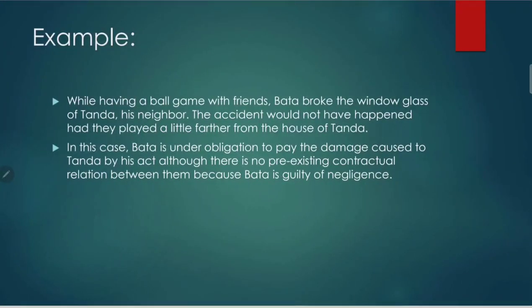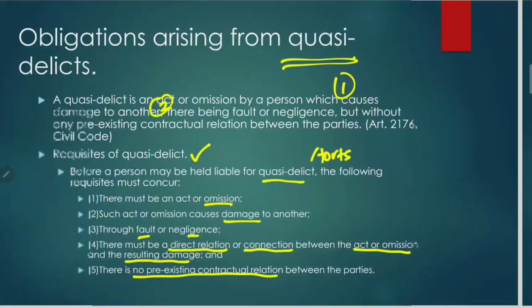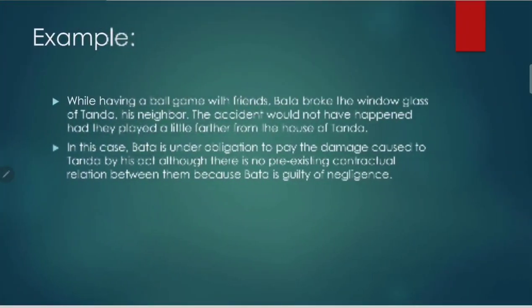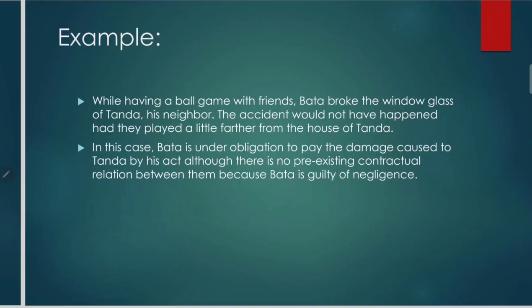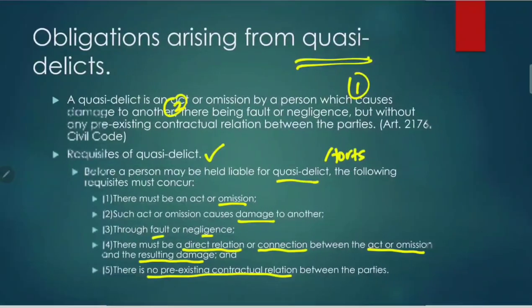So, ano daw yung damage na na-cause? Bata broke the window glass of Tanda. Yun yung damage. And then, through fault or negligence, hindi naman sinadya ni Bata. It was purely because of his negligence.